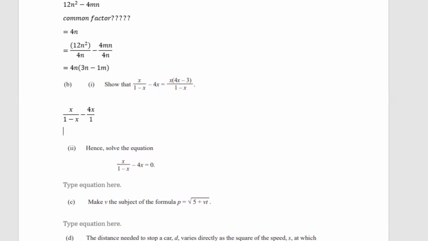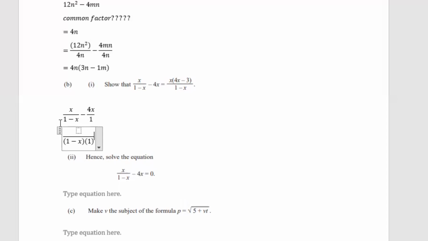So therefore our LCM will be the 1 minus x and the 1. So what we'll do now is to say 1 minus x into 1 minus x and 1 will leave us with 1. So what we now have is 1 multiplied by x, which will give us 1x, and 1 into 1 will leave us with 1 minus x.